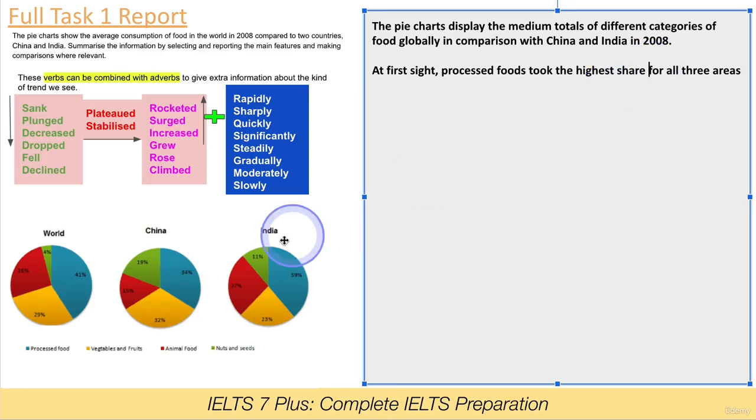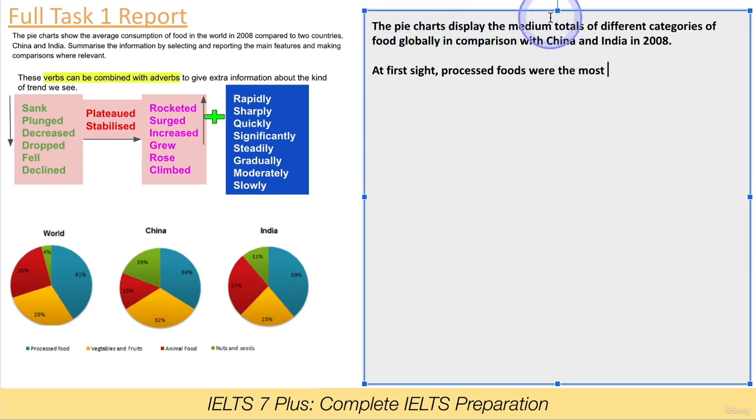Took the highest share of what? Or maybe we could say processed foods were... we didn't actually talk about food in the paraphrasing here, so that's a good point.